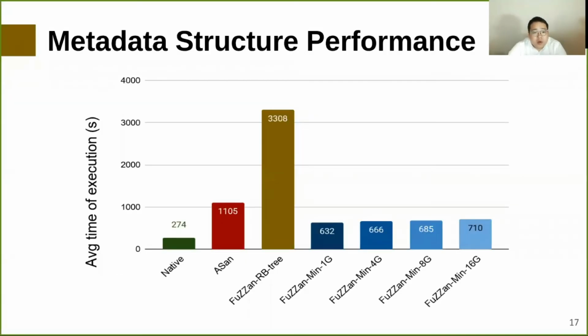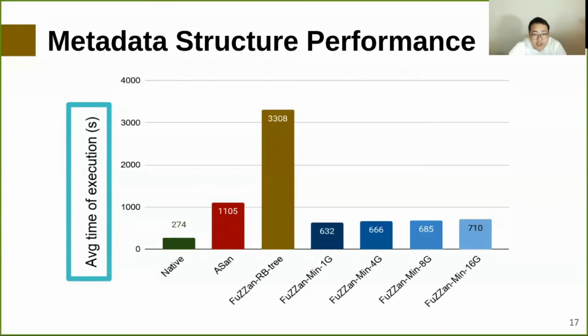We also took a look at the performance of Fuzzan's new metadata structures. This graph compares native Address Sanitizer, Fuzzan's arbitrary, and Fuzzan's 4-mean shadow memory mode execution overhead with the provided seed set. For this evaluation, we conducted input record replay fuzzing to ensure a fair comparison. The time indicates the average of all 26 Google Fuzzer Test Suite applications' execution time during fuzzing.